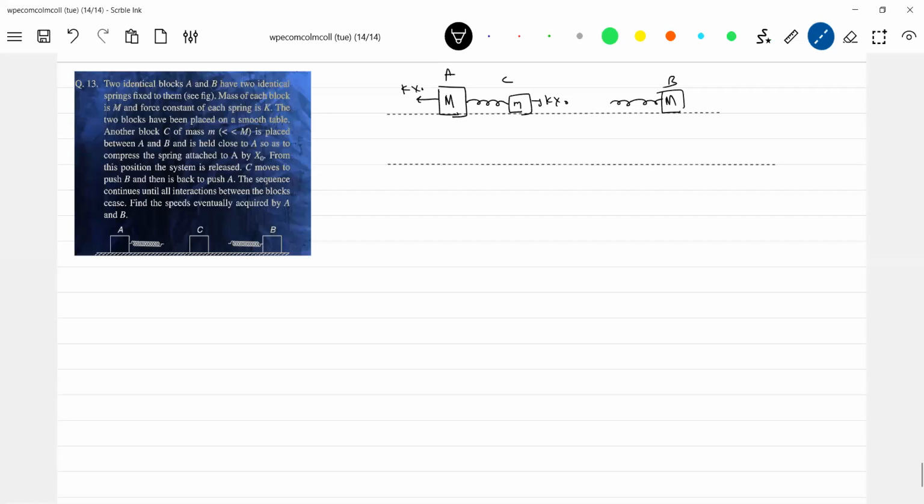We'll just try to see what all conditions will exist. So the spring force will act. Till where will it act? Till it attains natural length, somewhere here.